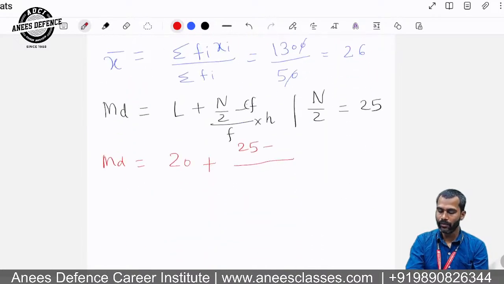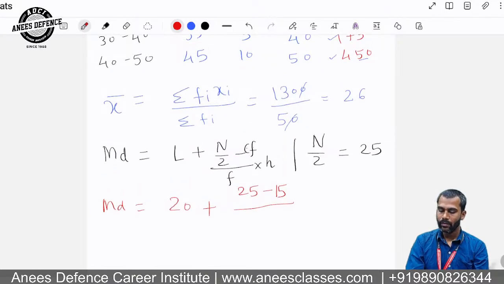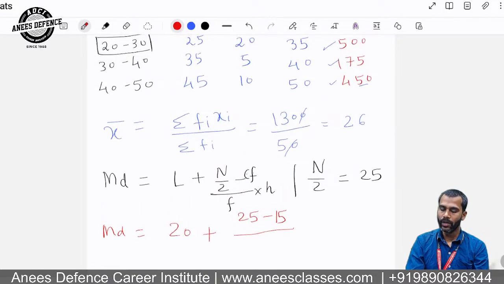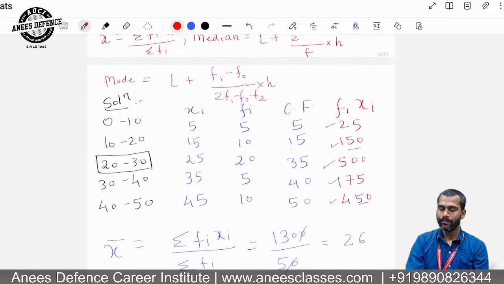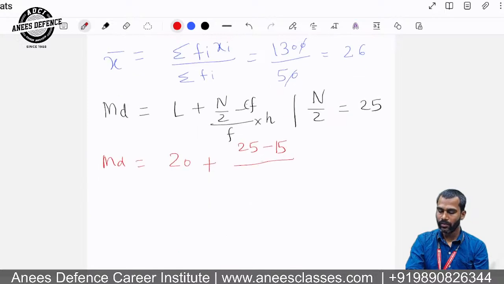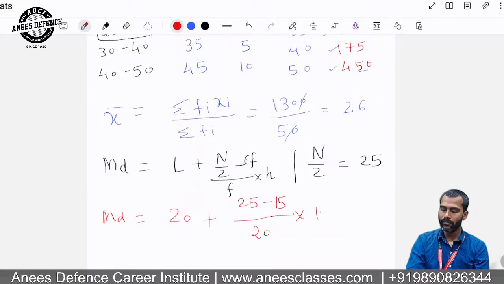Divided by f, the frequency of the median class, which is 20. What is the class width? h is 10 only. This 2 and 2 will get cancelled. So we are left with 20 plus 25 minus 15, which is 10. 10 by 2 is nothing but 5. So median is 25.